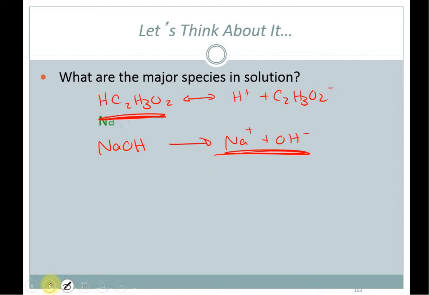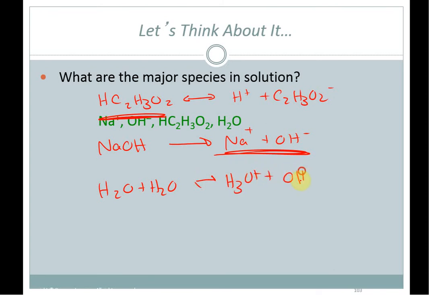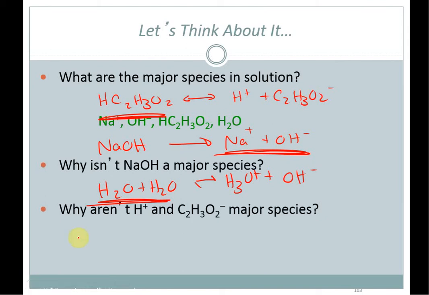And because we're in water, water always self-ionizes. This side is going to dominate. We know that this is not a dominant species because it's a strong base and those completely ionize. We know that these are not major species because it is a weak acid and it does not completely ionize.